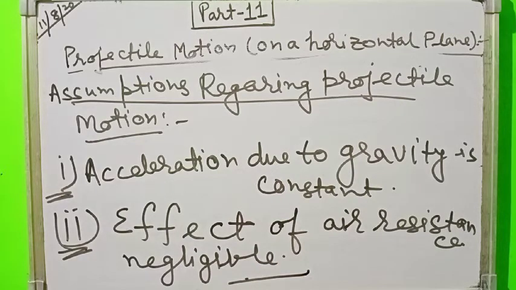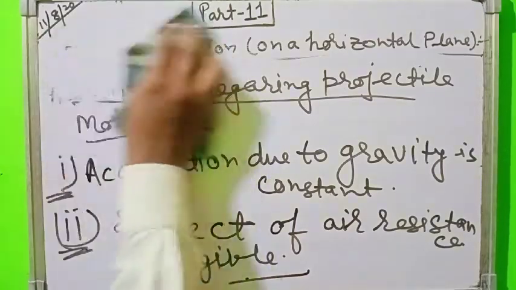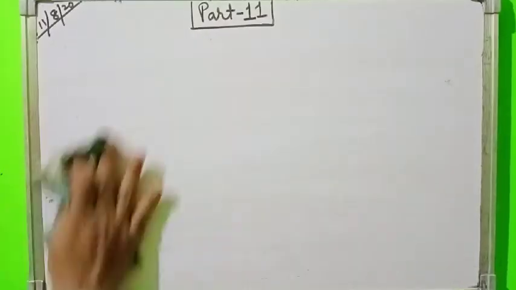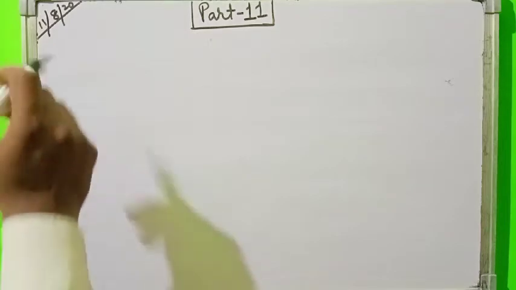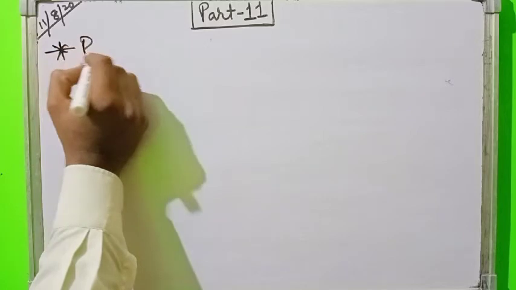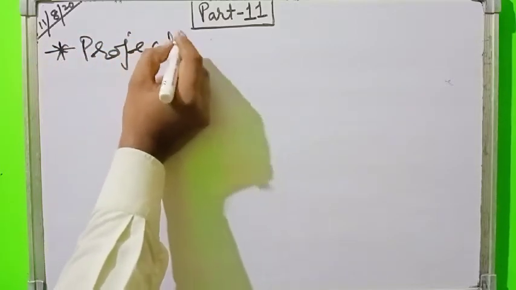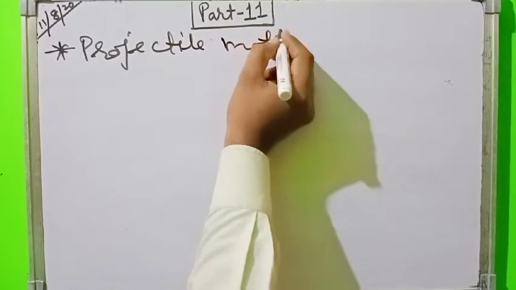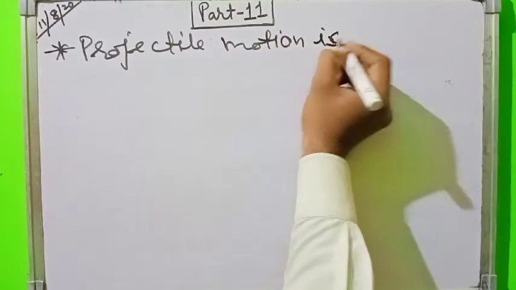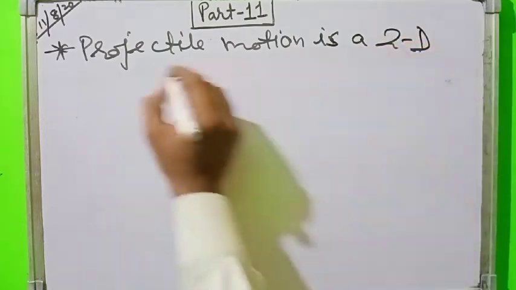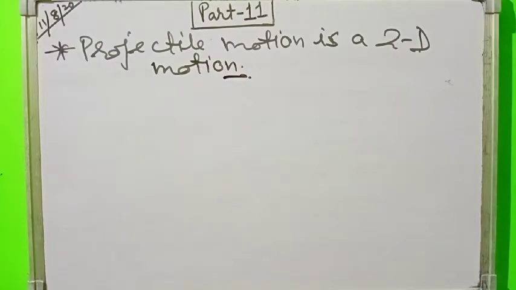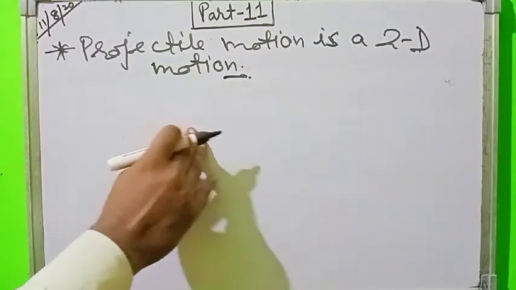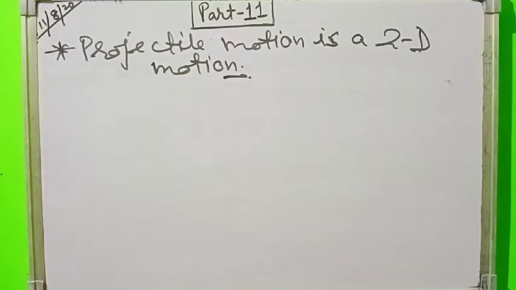Now, projectile motion in two dimensions. Projectile motion is a two-dimensional motion. Always it is a two-dimensional motion because, suppose there is a projectile, then there is one component along the x-axis and another component along the y-axis.